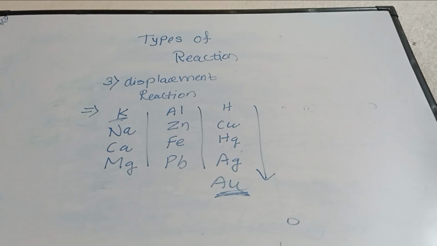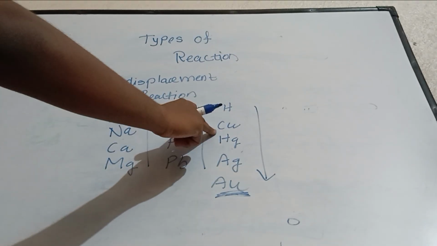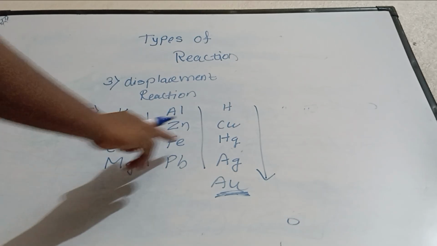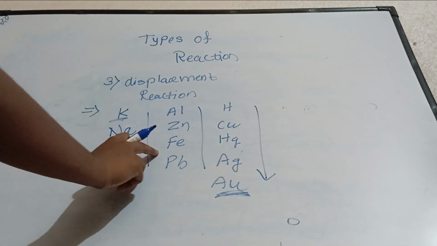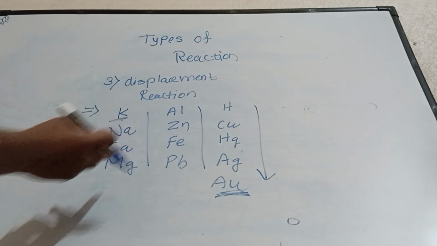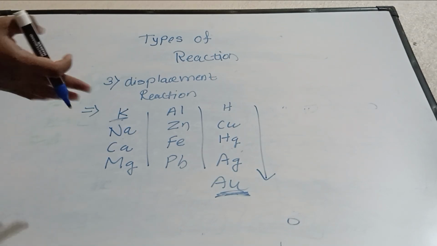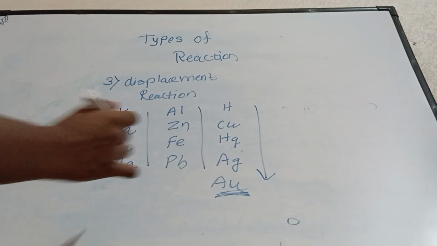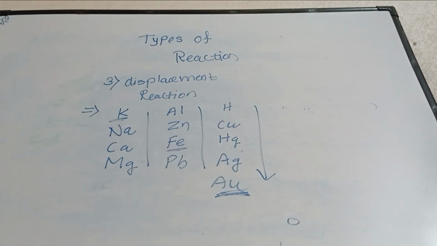Why that happened, I'll tell you. Firstly, find the Fe and Cu. Here is Fe, this is Cu. We can clearly see that Fe is above, which means it is more reactive, and Cu is less reactive than Fe.